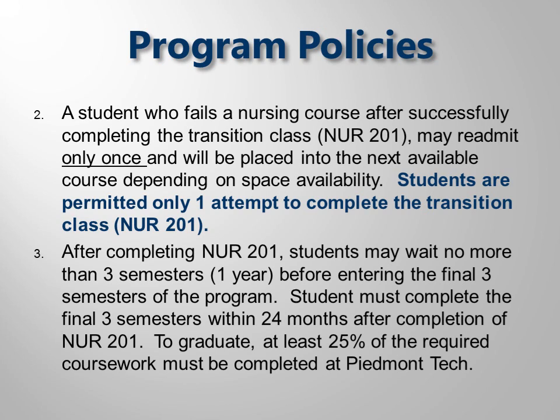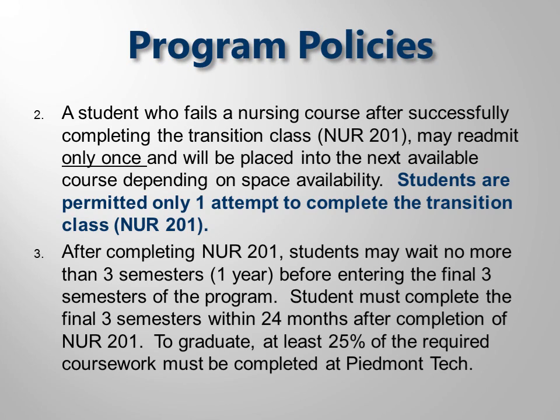Policy number 3. After you successfully complete the transition class, you must enter the following 3 semesters of nursing classes within 1 year, or you will no longer be eligible for the transition program. Also note that there are time limits for completing the program. After you complete the transition class, you will then have 24 months to complete the remaining 3 semesters of coursework.